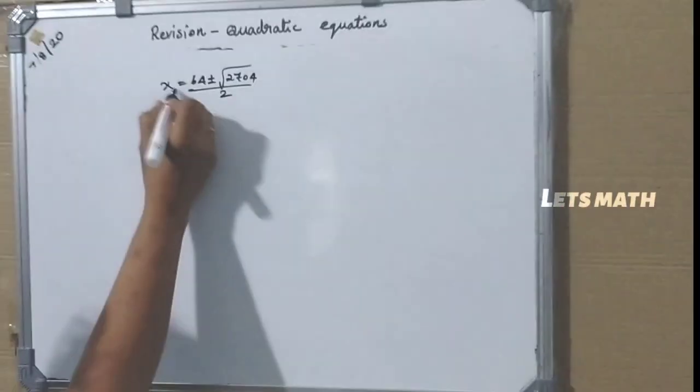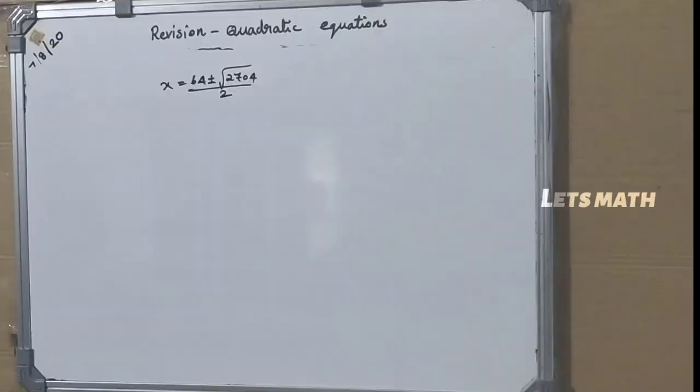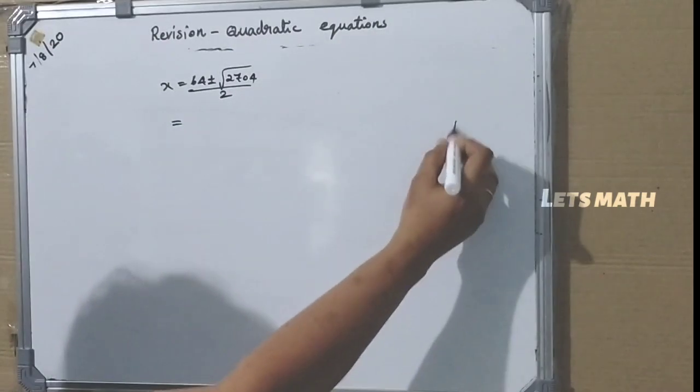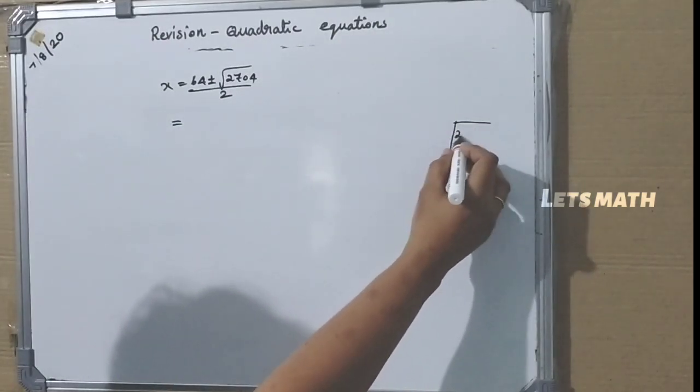X equals 64 plus or minus root of 2704 divided by 2. Just find the root of 2704.